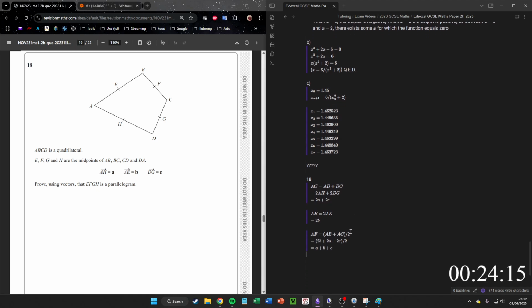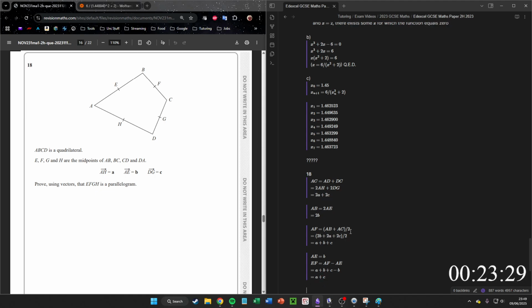And then we know that AE is just b. Therefore EF is equal to AF minus AE, which is equal to AF being a plus b plus c, minus AE being b, so that's equal to a plus c.